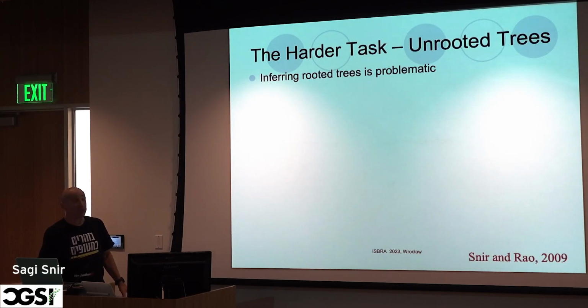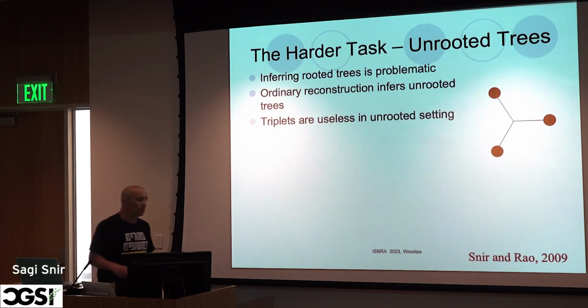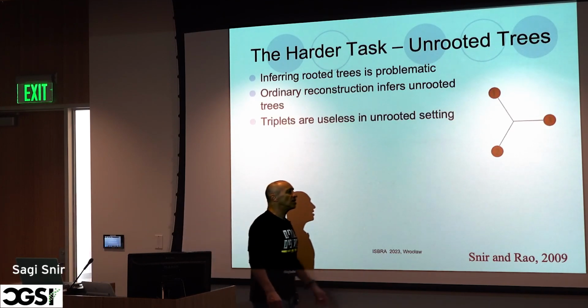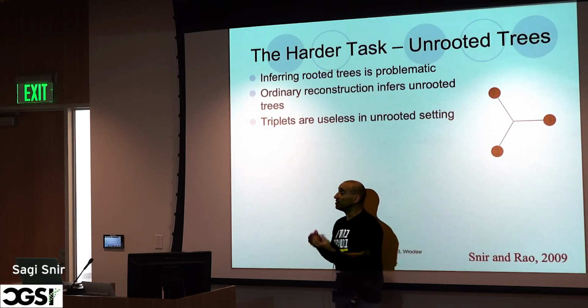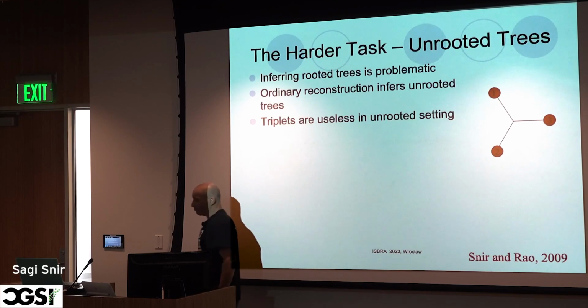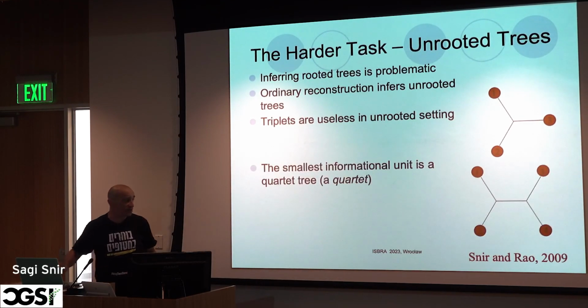And now we get into the harder task, that is unrooted trees. Okay, so inferring rooted trees is problematic. Ordinary reconstruction infers unrooted trees. So triplets are useless here. We don't have any phylogenetic information here. And then what we work with is quartets.